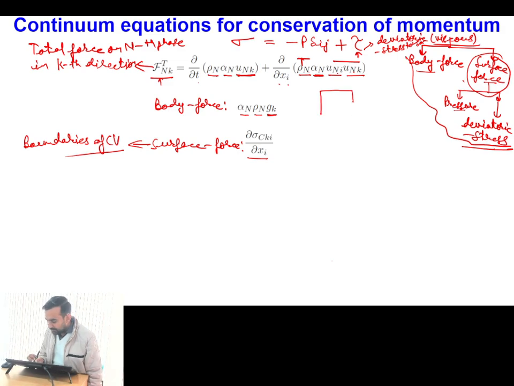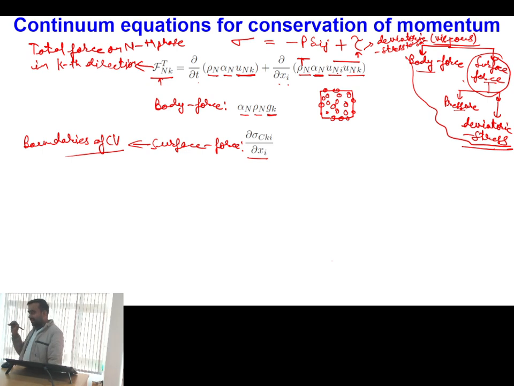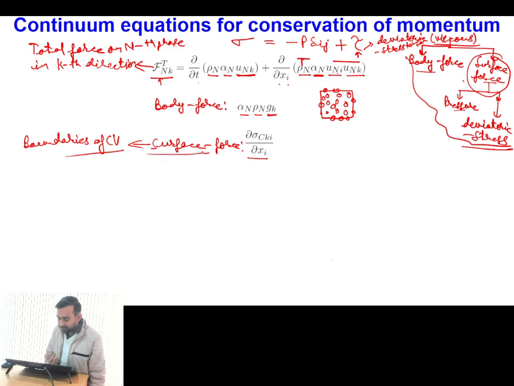As I told you, in a multi-phase flow system, I will have multiple particles present, and some of the particles may lie on the boundary of the control volume. Is this point clear? If I have to calculate this surface force by considering that some particles are partially crossing the boundary of the control volume, then what I have to do? I have to individually determine how much fraction of the boundary is cut by which particular type of phase. Then only I can calculate the corresponding forces at the surface.